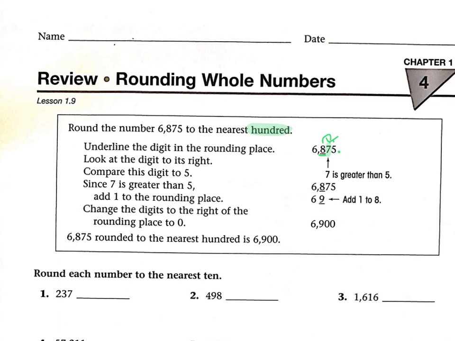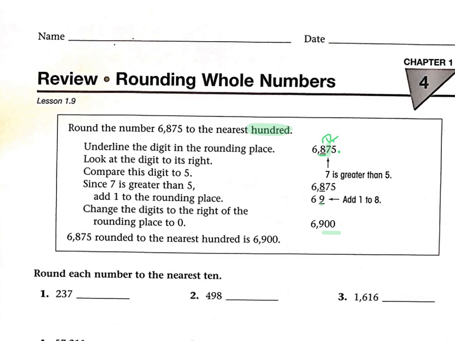So in this example, we're going to round the number 8 up to a 9. All right, so they did 6,900, and then anything after the place that we're rounding to, so anything after the hundreds place, will now become a 0.